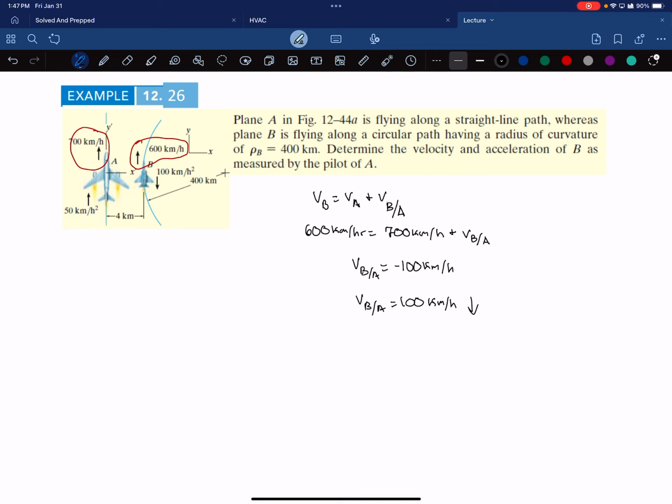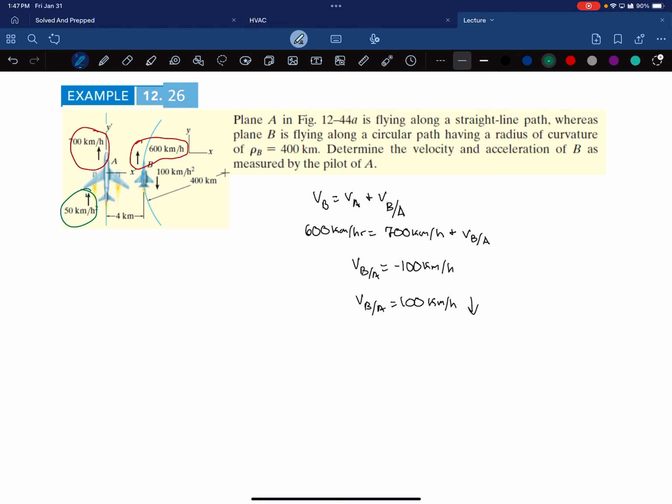Okay, so now for acceleration, we're given the acceleration of A down here, and since A is flying along a straight path, we can assume that we only have acceleration in the y direction. But the other plane is flying in a circular path, so we're not only going to have some acceleration in the y direction, we're also going to have a normal component.